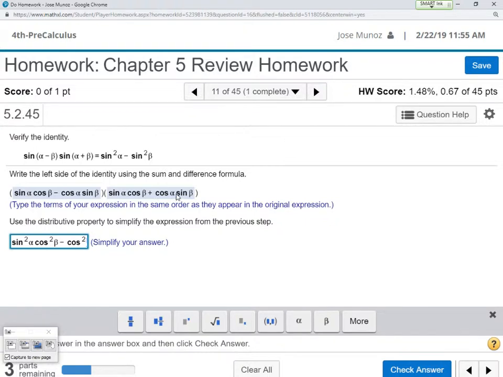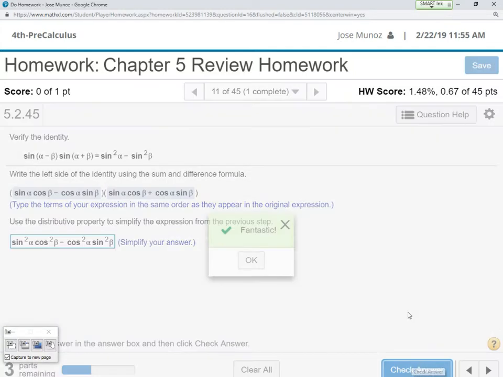Oh, I see it. My eyes were getting lost there for a second. Cosine square alpha sine square beta. My eyes are twitching. Okay, so there's that part.